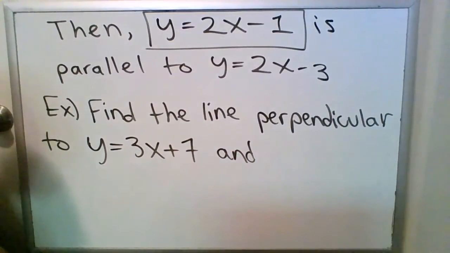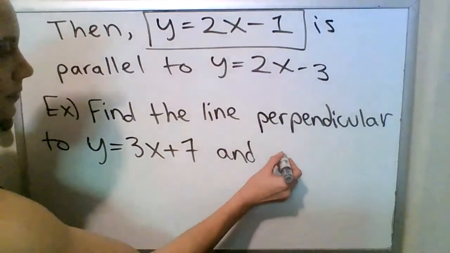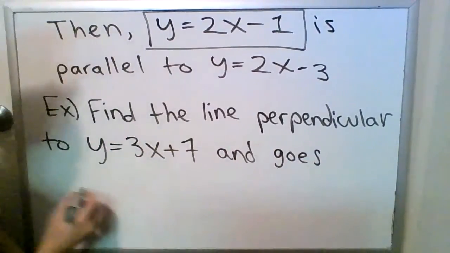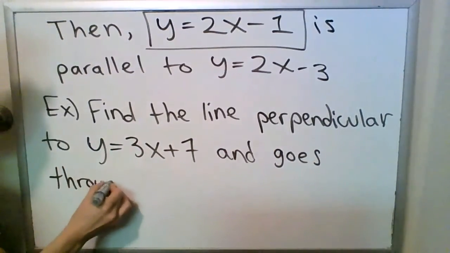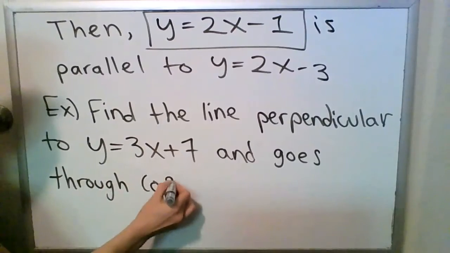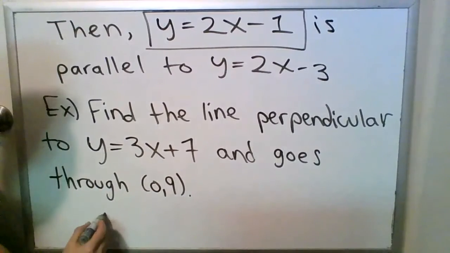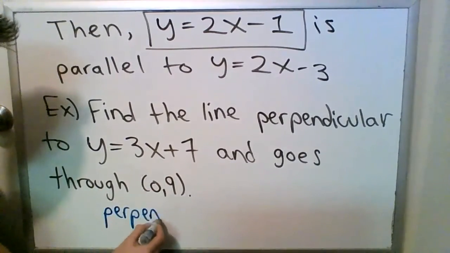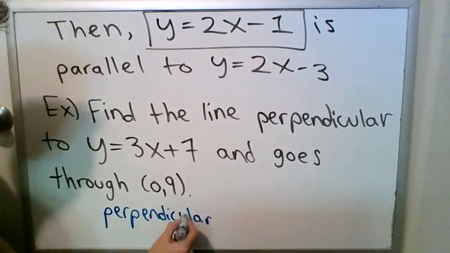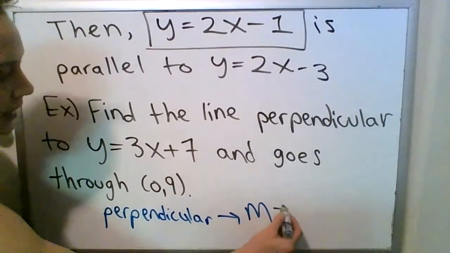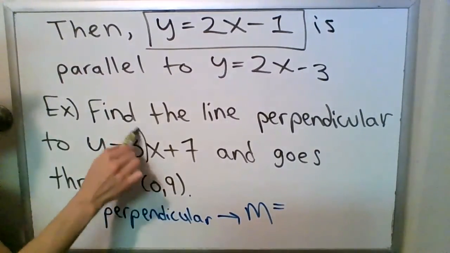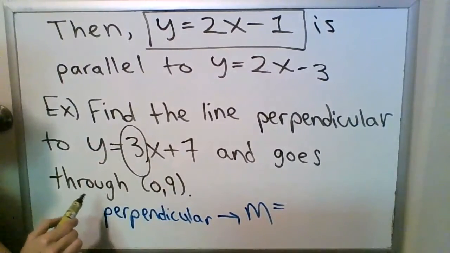And the line goes through 0, 9. Okay, so for a perpendicular line, we want to use a slope that is the negative reciprocal of the slope that you have, which we're going to take 3 and write it as 3/1.